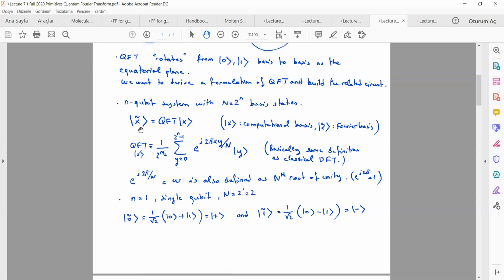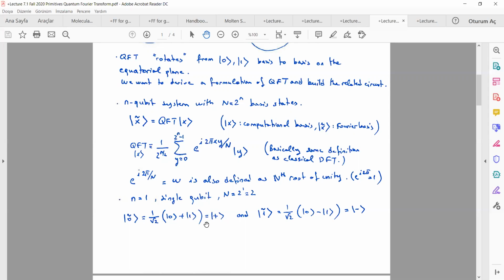According to our notation we introduced here, ket 0 tilde now becomes, if you plug in the numbers, the sum over ket y, because now we are summing over two states. Ket y is either ket 0 or ket 1. And if your input ket x is ket 0, if you sum these two terms, you end up with 1 over square root of 2 times ket 0 plus ket 1, which was our ket plus state.